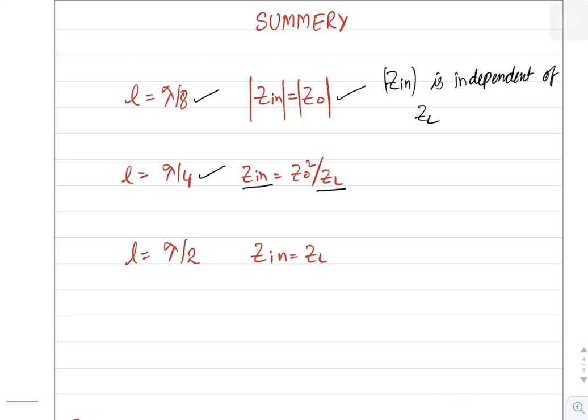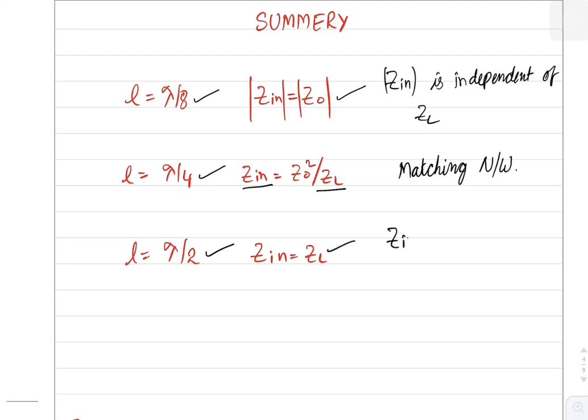This is the reason we can use this lambda by 4 transmission line, that is quarter wave transmission line, as matching network. If the length of the transmission line is lambda by 2, then the input impedance of the transmission line is equal to the load impedance.